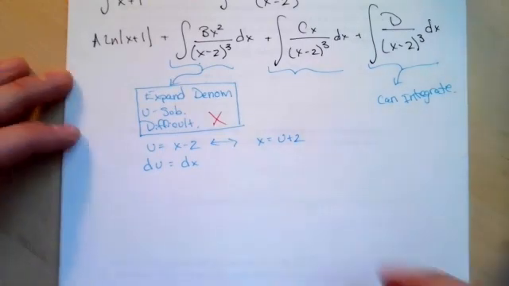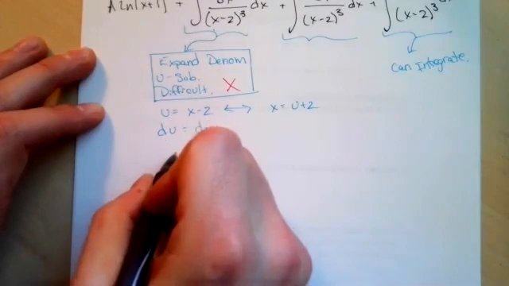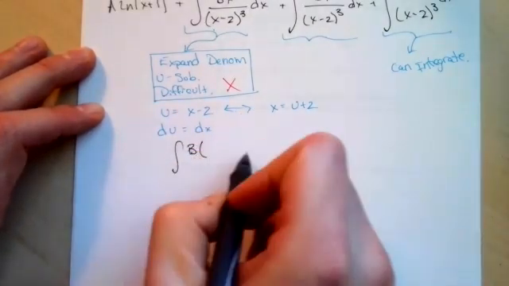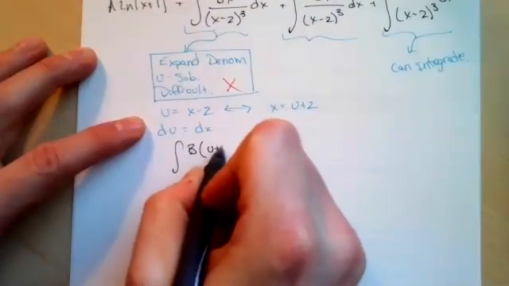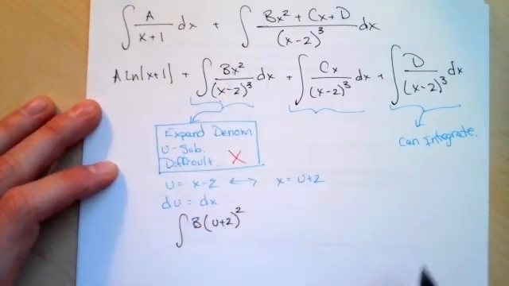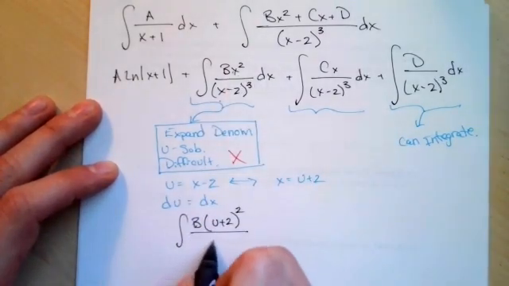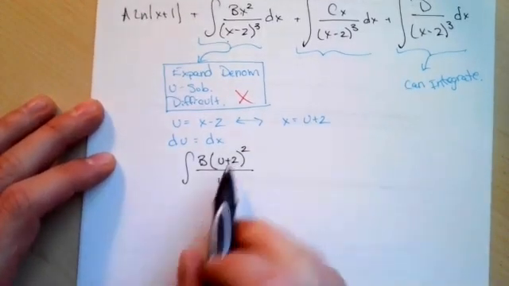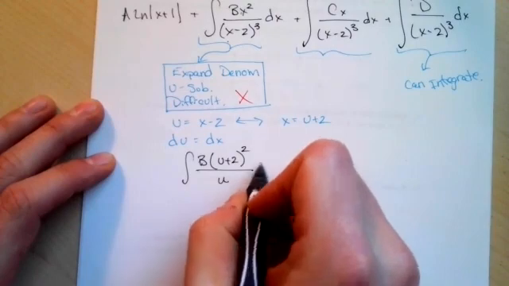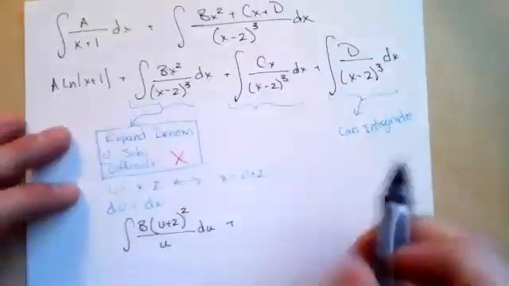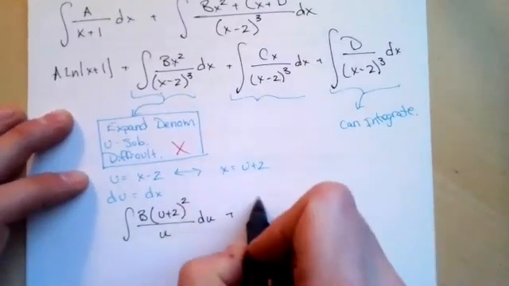And so when you do these substitutions, you'll get the integral of b times u plus 2 is how you have to substitute out this x in the numerator, u plus 2 squared, and then over u. And now this one, you would have to FOIL that out and complete it. Same thing with this one here. You would have to do something similar.